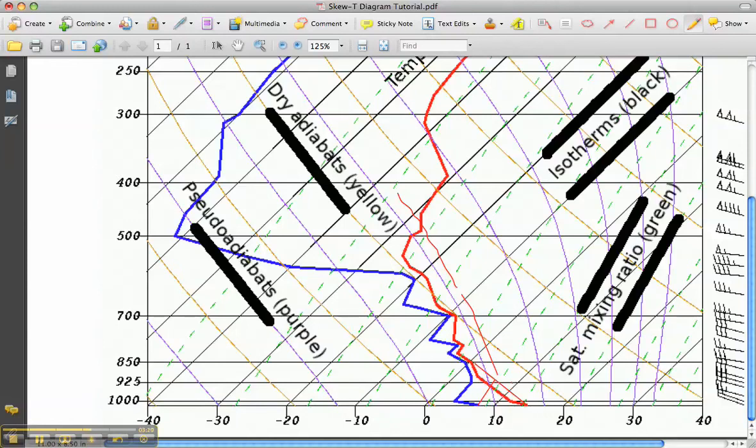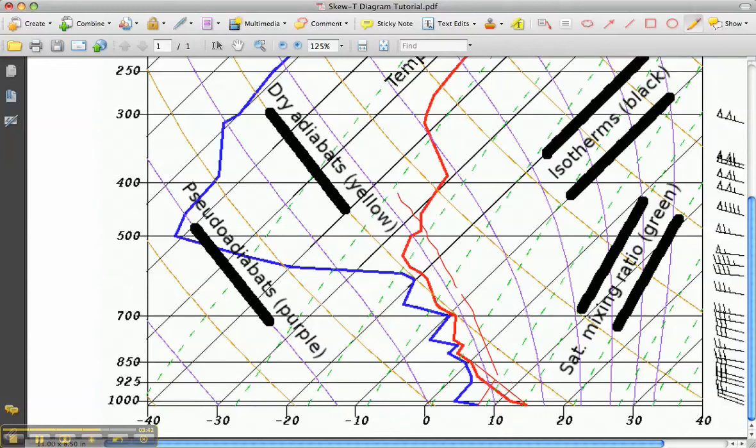The temperature of the atmosphere is indicated by the red line. You see where I have the crosshairs. We go down here is -10. So at 700 millibars, the air parcel temperature at -6 is warmer than the surrounding air temperature at -10. So if the air parcel is warm, it will continue to rise.